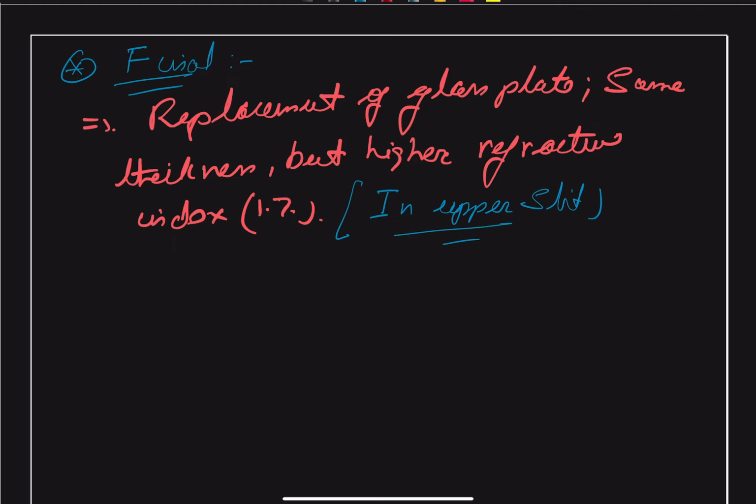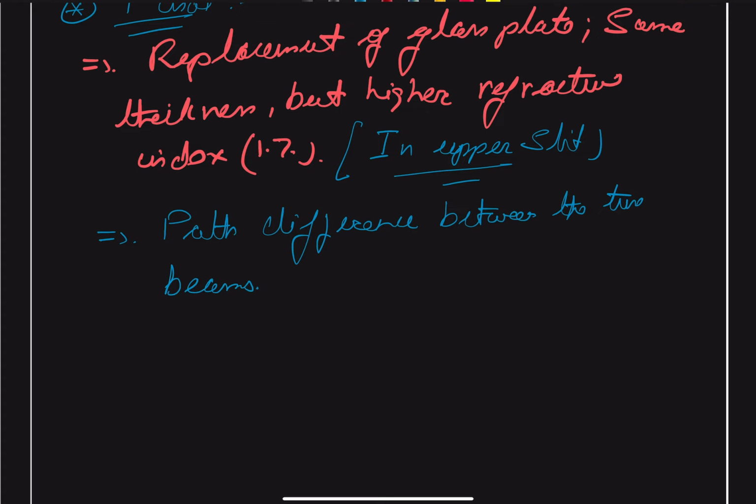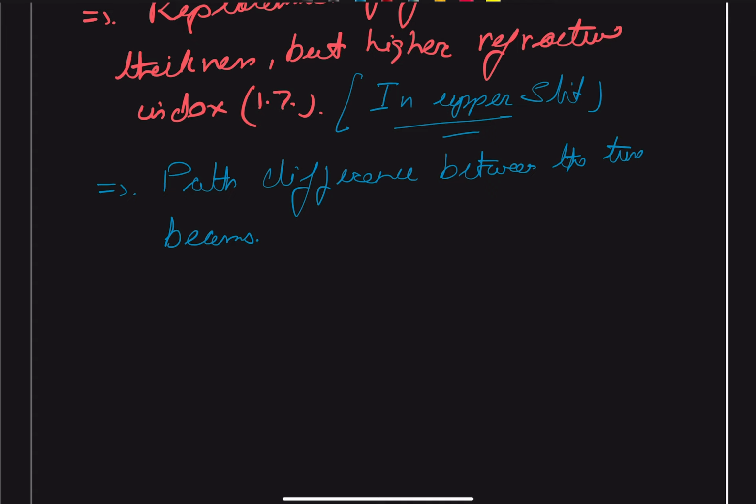So the change is made of the sheet in the upper slit. So we can say that there will be a path difference between the two beams, and as the path difference, this also results in a phase difference.